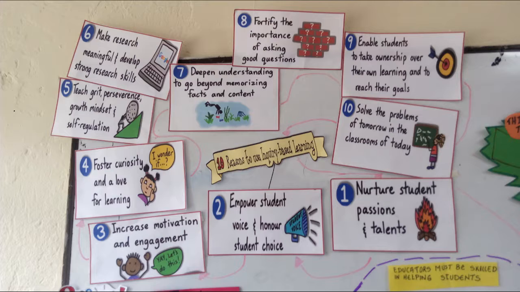7th reason. Deepen understanding to go beyond facts and content. Select tools that help students design and personalize their learning experience. Also, choose tools that support effective classroom instruction. 8th reason. Fortify the importance of asking good questions.